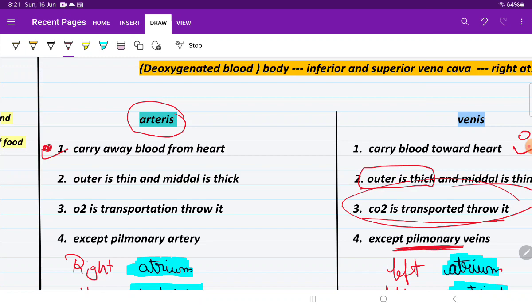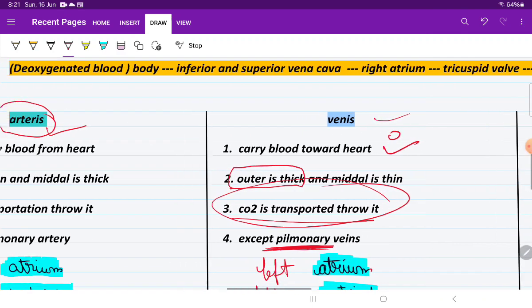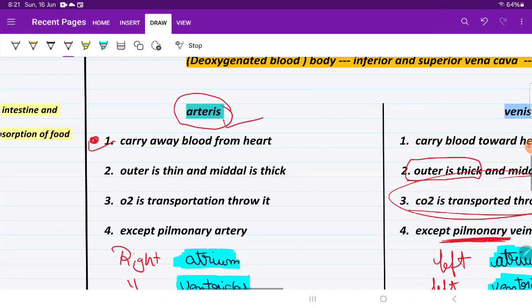Okay students, first of all let me know how many types of blood vessels there are. Yes, three types: arteries, veins and capillaries. And veins and arteries are the main ones. The arteries are thin walled and they are connected to the heart.